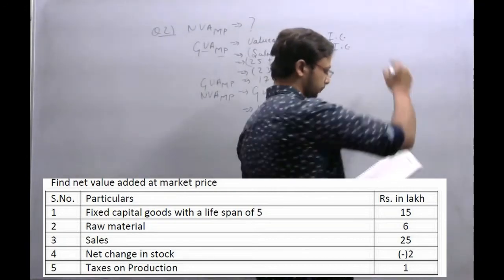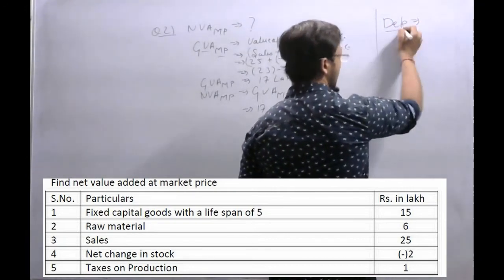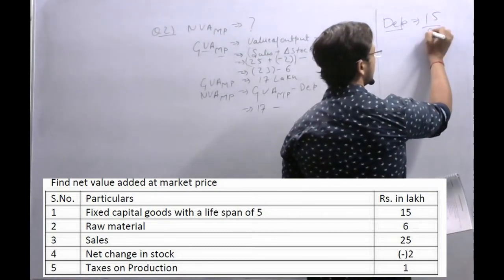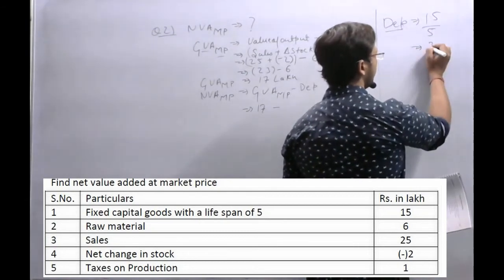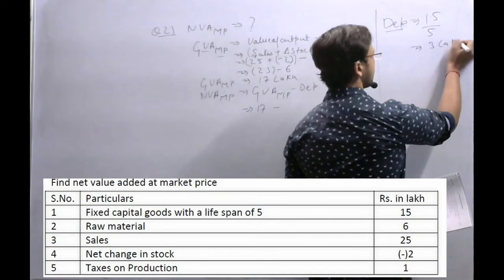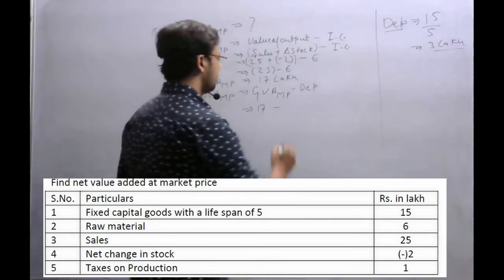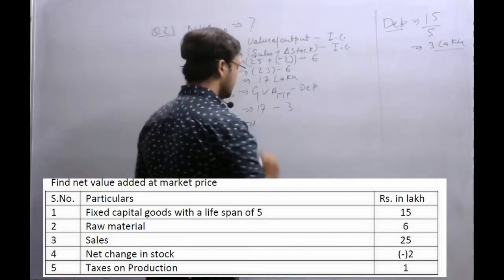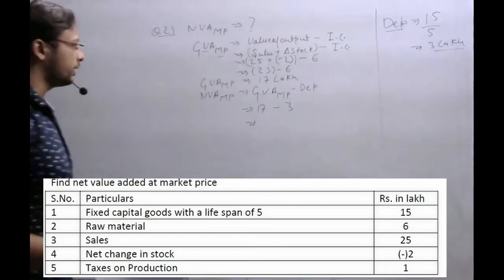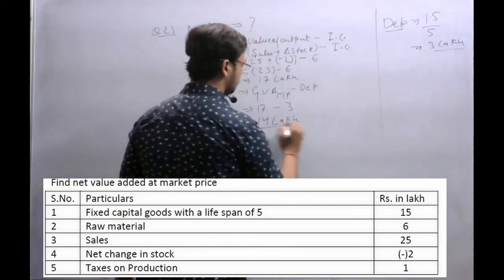Depreciation is the total cost, 15, divided by the number of years used, 5, that is 15 divided by 5, which is 3 lakh. That is the value of depreciation, calculated in rough work. So 17 minus 3 gives you 14.